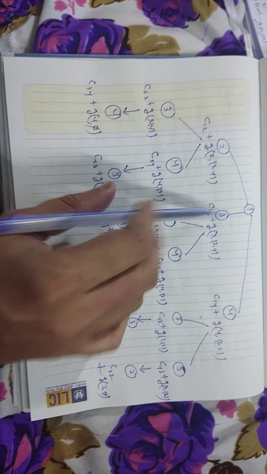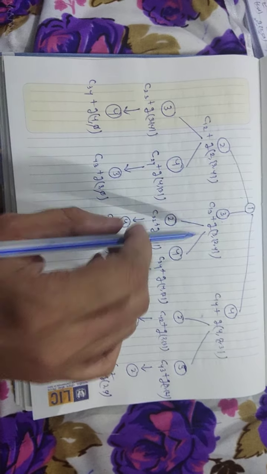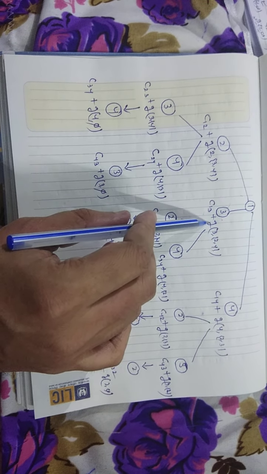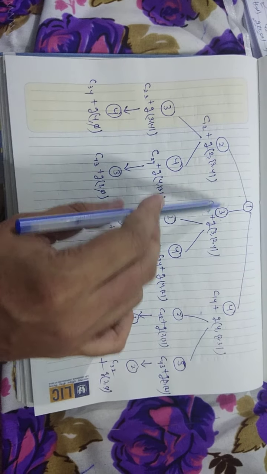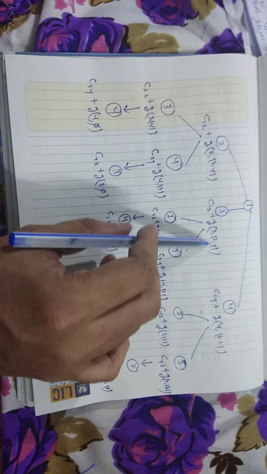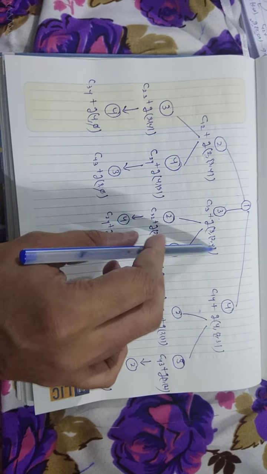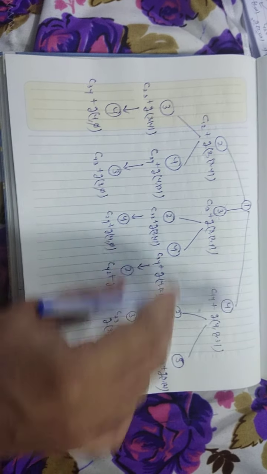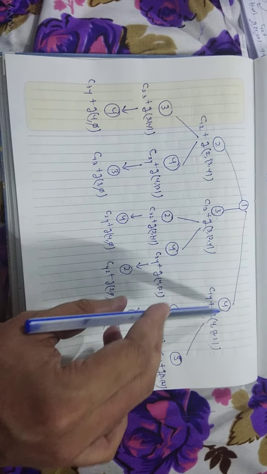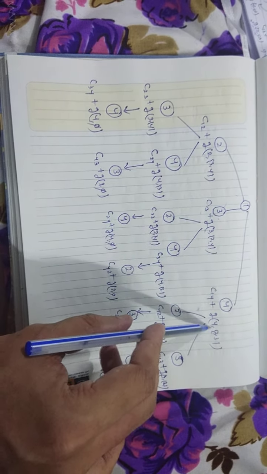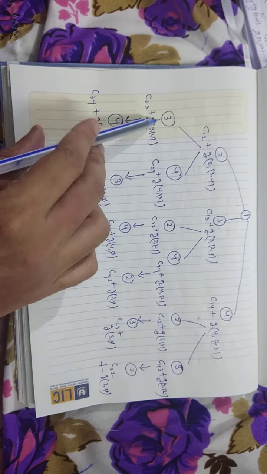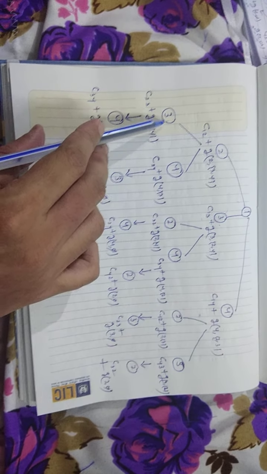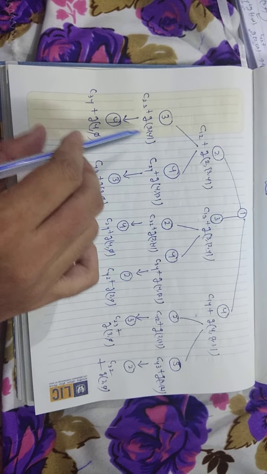Similarly here the cost is c13, and again the recursive function is applied, that is function g from 3 to the remaining vertices 2 and 4. Then similarly the cost is c14, then g from 4 to the remaining vertices 2 and 3. Whenever we reach here, the cost is c23, then g of 3, with only 4 remaining.